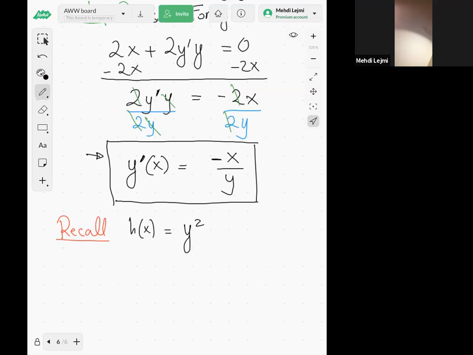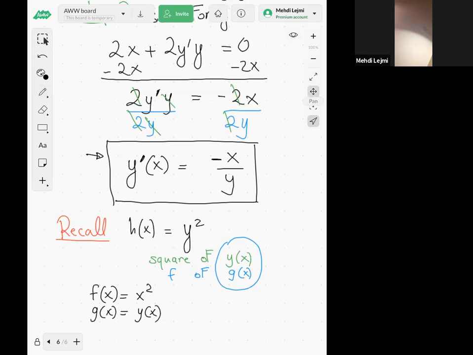So you can write this as the square of y of x. That's the form f of g of x. So your y of x would be g of x, and f would be the square, right? So you can say f of x is equal to x squared, and g of x is equal to y of x.